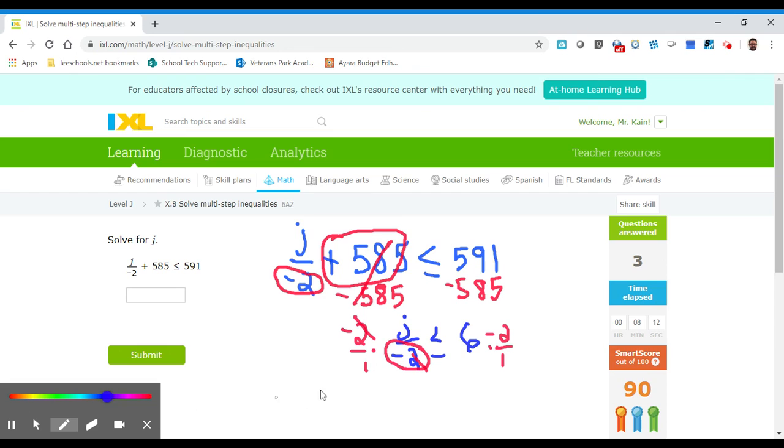And our answer is going to be j less than or equal to 6 times -2, which is -12. Now, something really important that I almost forgot. We multiplied by a negative. So we have to get rid of this and flip the sign around. I almost forgot that. I teach this stuff, but I still make mistakes from time to time. And then we type it in and we just hit submit.